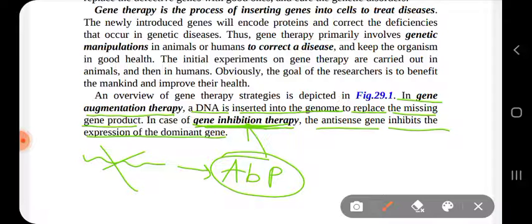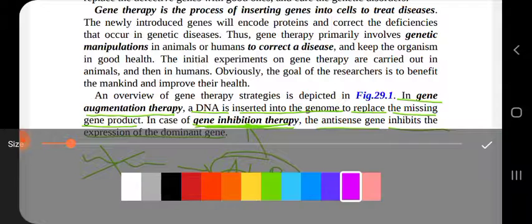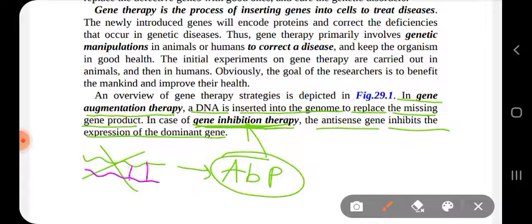Because it has become malfunctional, for this we have to use a complementary strand that will base pair and inhibit that gene product, maybe at the level of DNA or maybe at the level of RNA.